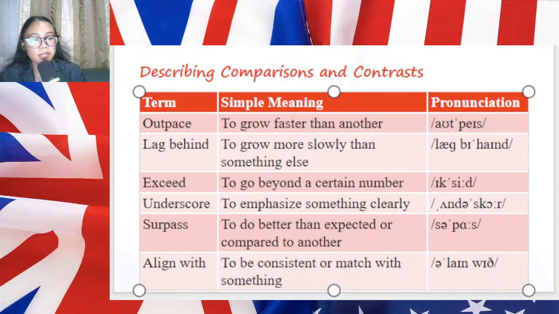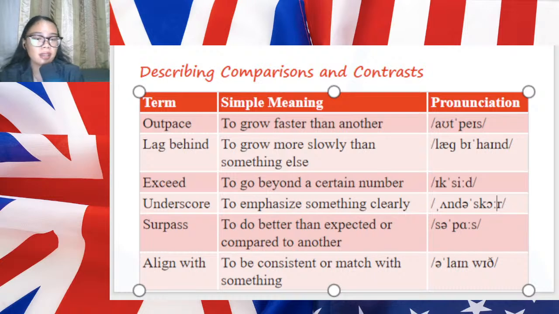If something surpasses another, it has not just gone beyond it, but it has done so in a way that suggests outperformance or greater accomplishment. So it's about outdoing something, whether it's an expectation, or maybe a previous record or a competitor's performance. That is outdoing something, outdoing those particular contexts.